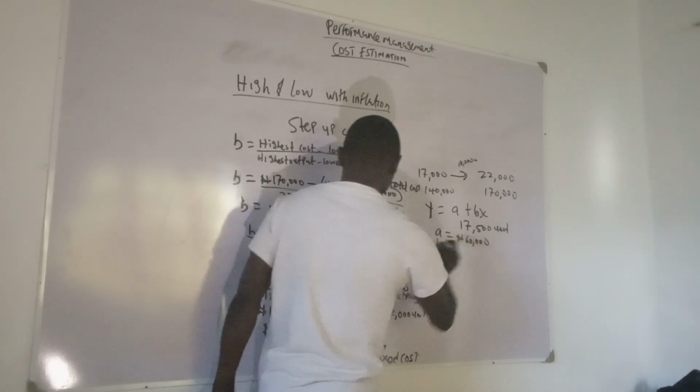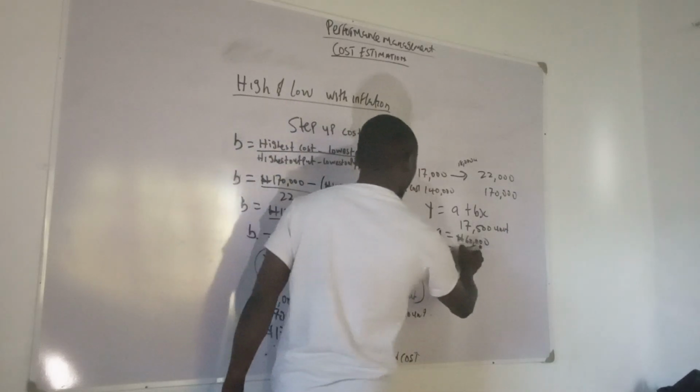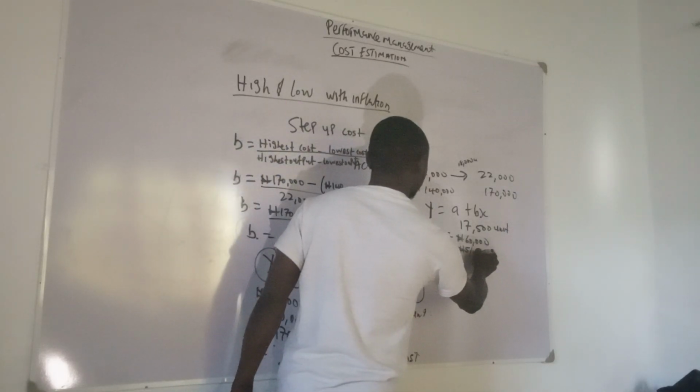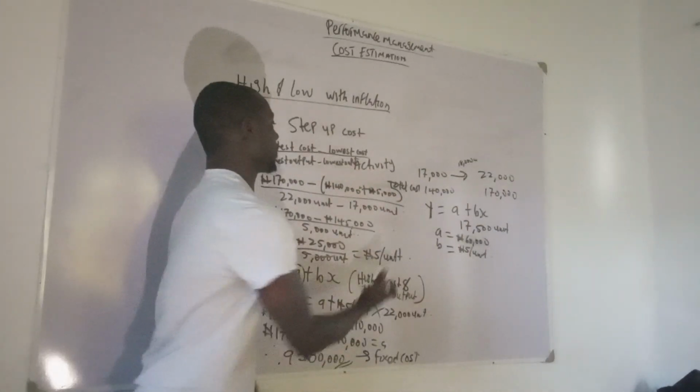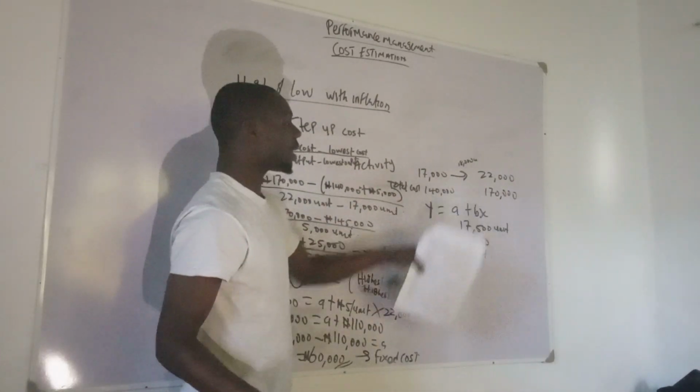B is 5 naira per unit. Our X now is 17,500.